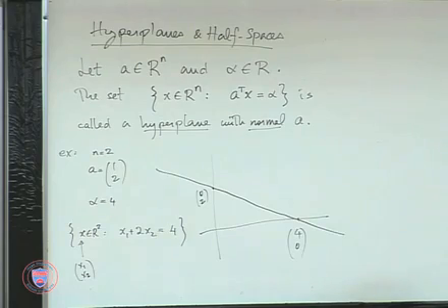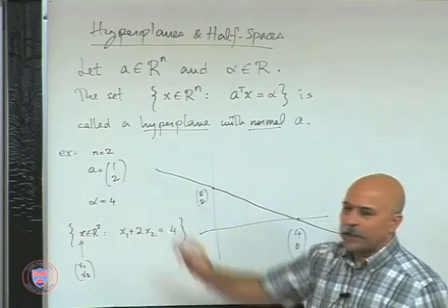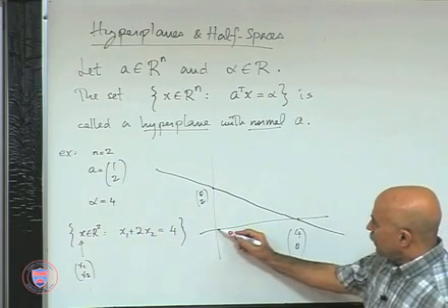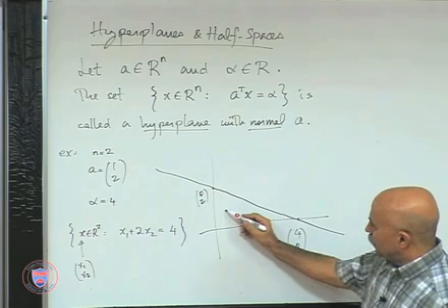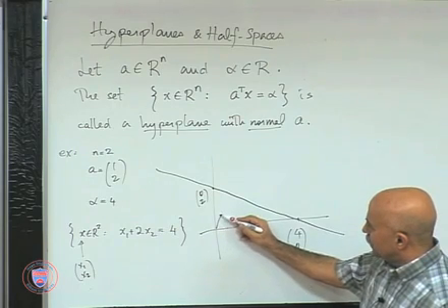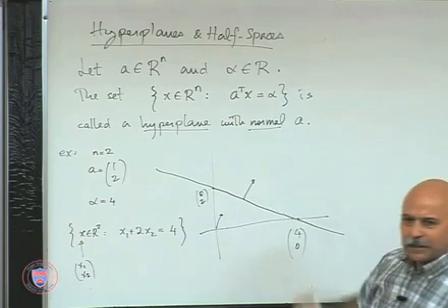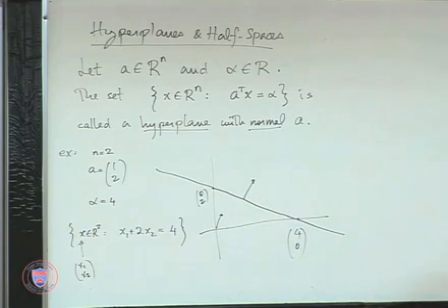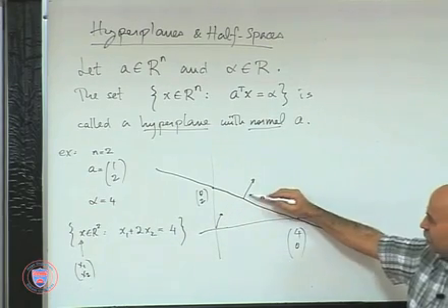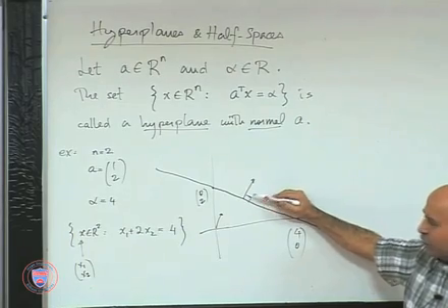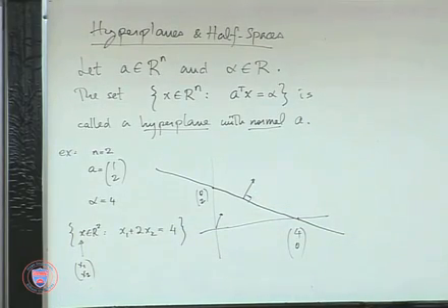What's the normal? The normal is 1, 2, because if you go 1 unit this way, 2 units that way, you get this vector. And if you carry that vector to some other point on the hyperplane, you can see that it's really normal. Normal means it's orthogonal, 90 degrees. It is indeed normal.